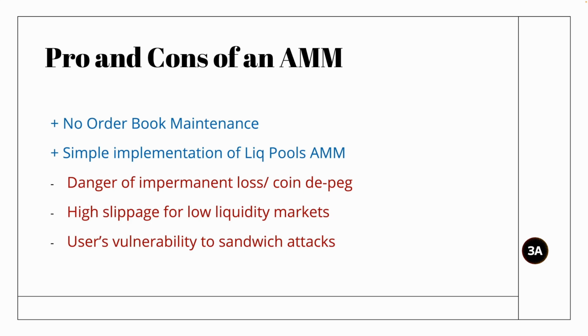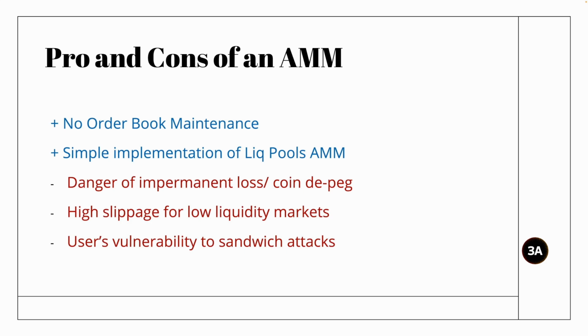The main disadvantage of an AMM is the danger of an impermanent loss that we'll be discussing later. So there might actually be the possibility of a total loss of funds, which is possible if, for example, one of the two coins which are part of the liquidity pool grows significantly in value in relationship to the other, or the stable coin depegs.